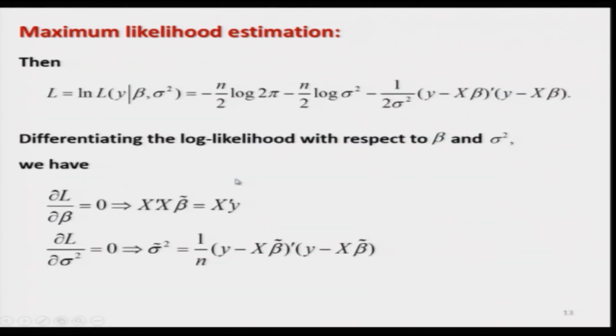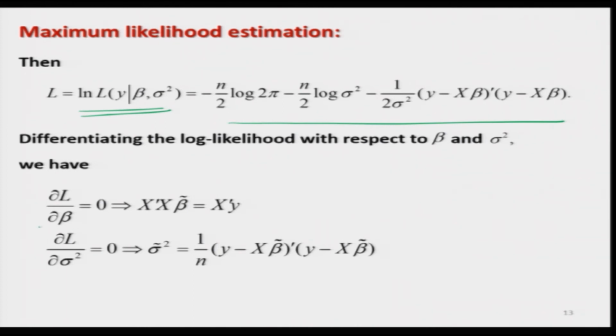So, now we want to find out the value of beta and sigma square by maximizing this likelihood function. So, we take the log of this likelihood function, so that the differentiation will become easier, and then we differentiate it.